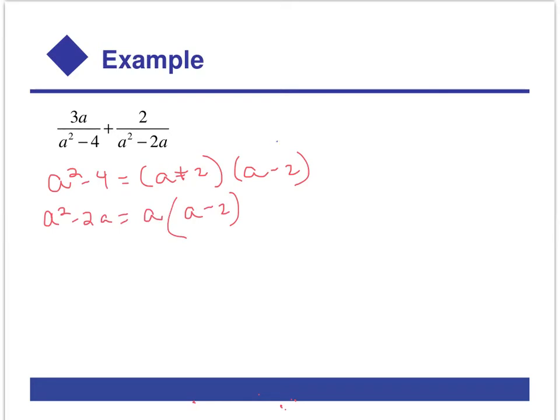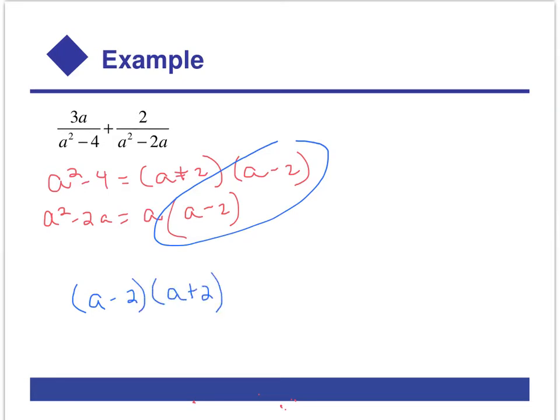Again, these are in common, so I'm only going to write them down one time. So our denominator is simply going to be a minus 2 times a plus 2 times a, because these are what's left here and here after we wrote this down one time. Okay.